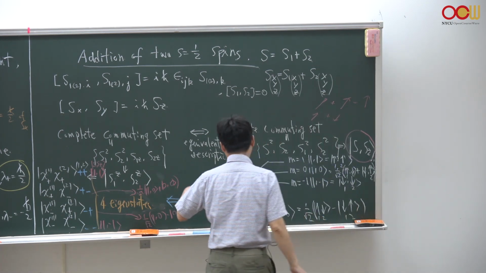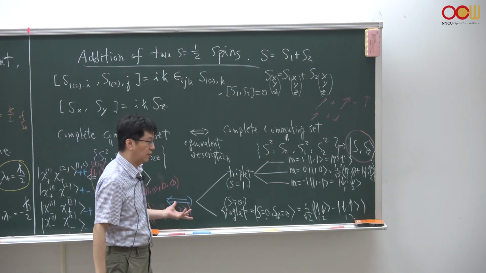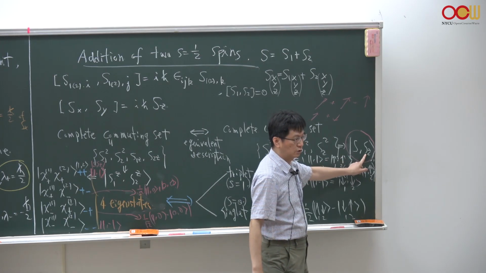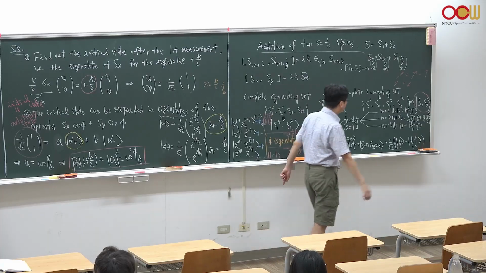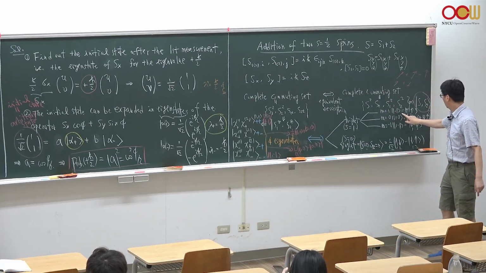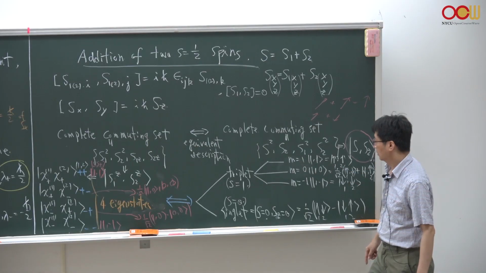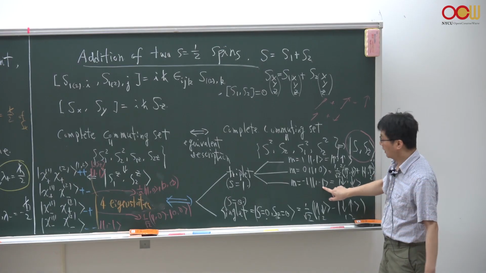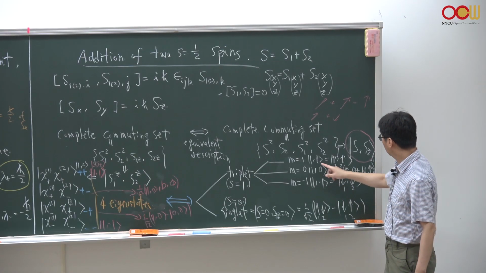We could describe these four states in terms of the total spin variables: total spin S, total spin Sz. So this plus plus state is nothing but this state called 1, 1, where S is 1 and m is 1. This minus minus state is nothing but this 1, minus 1 state, where the total spin is 1, but m is actually minus 1.